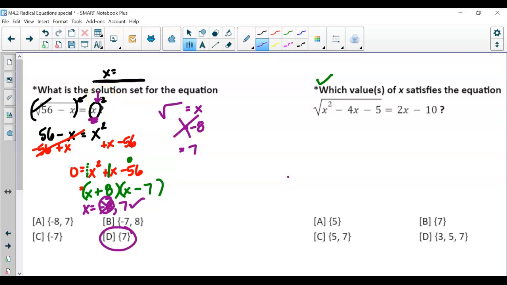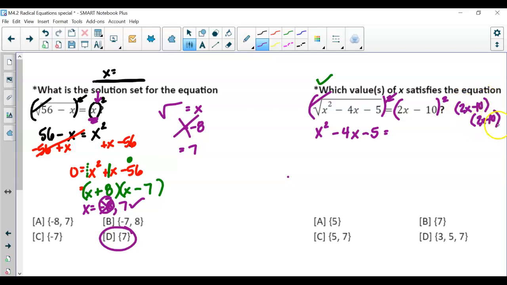So now the next one, a little different. But again, see, the radical is by itself. So we just have to go through and square both sides of the equation. So now here I'm going to cancel out, and I've got x squared minus 4x minus 5, just bringing down, is equal to 2x minus 10 to the second power, which is the same as 2x minus 10 times itself.